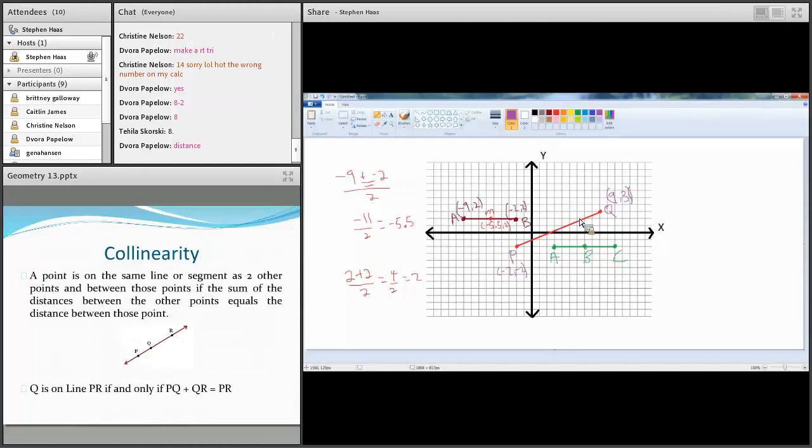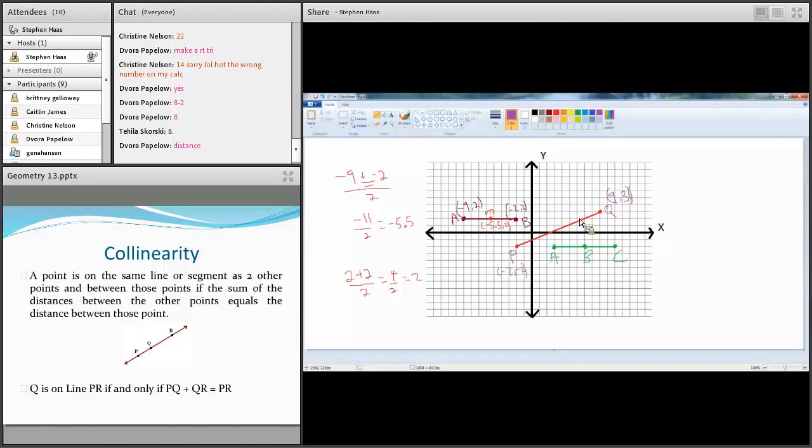Okay. Now we've got a couple of other rules, and these are actually much easier than the rules that we've been discussing until now. A point is on the same line as the other 2 points if the sum of the distance between one and the other equals the distance between those points.